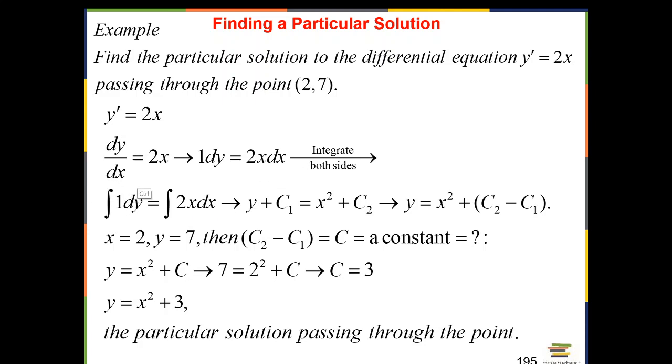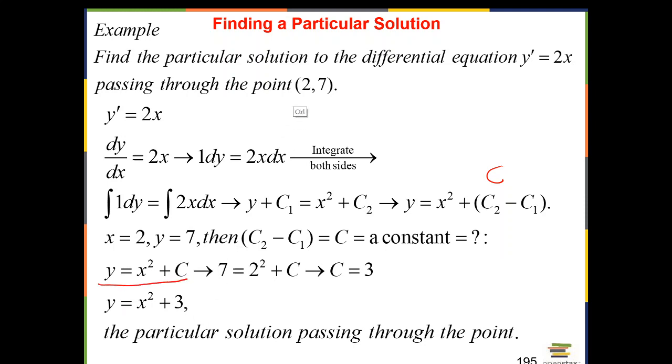But usually we keep the c's and then put them together at the end as one c. We don't put a c here and a c here; we just concentrate on the c on the right. So this would be just y equals x squared plus c, right? So c2 minus c1 is just some other constant, which we call c. So that's the general solution.